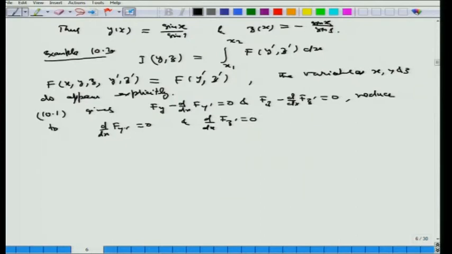So, now f of y prime is a function of y prime and z prime, and similarly f of z prime is also a function of y prime and z prime.